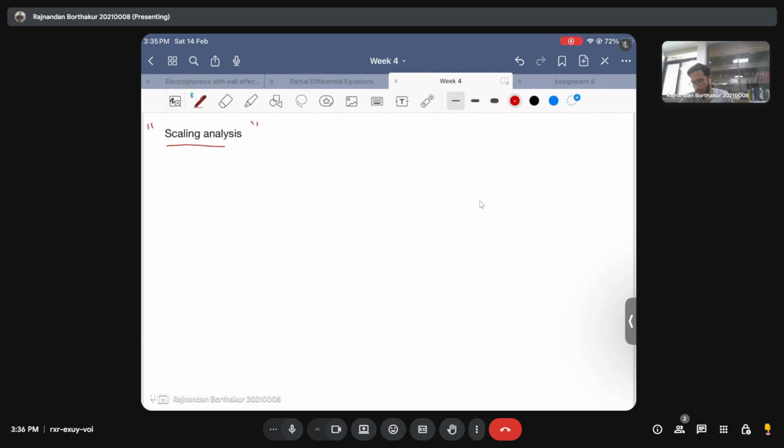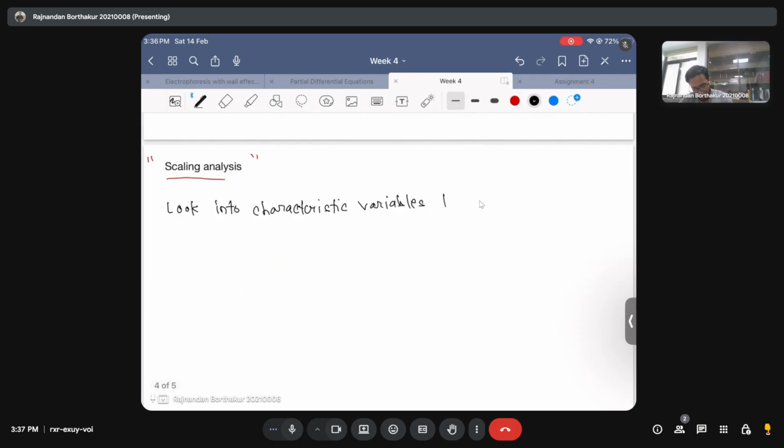Okay, so as the name suggests, I'll maybe write it down. So we'll now look into characteristic variables that can scale the dimensional variables in our analysis.